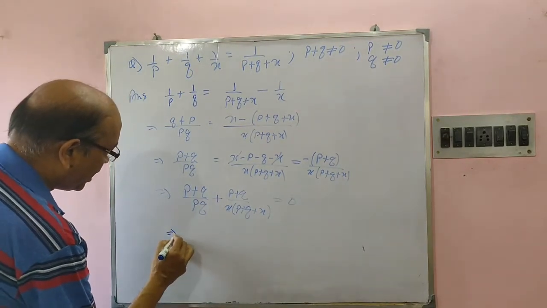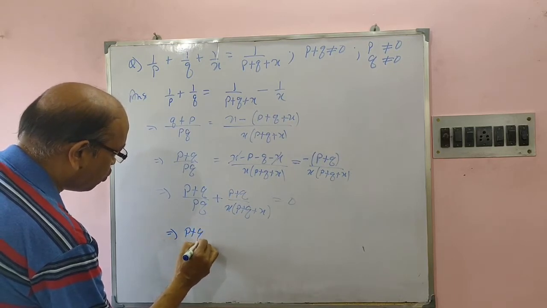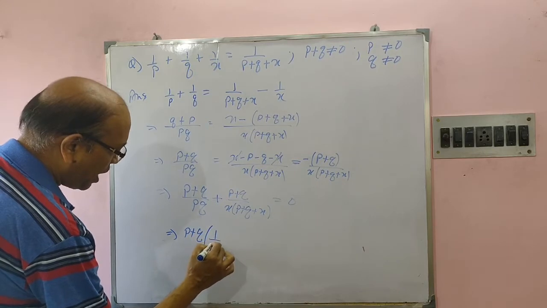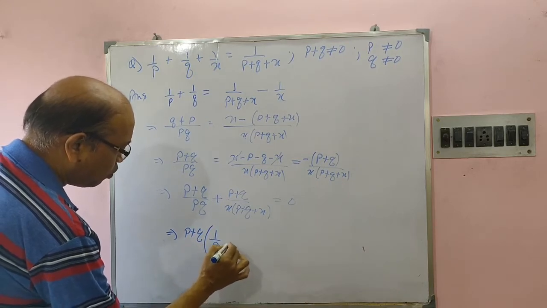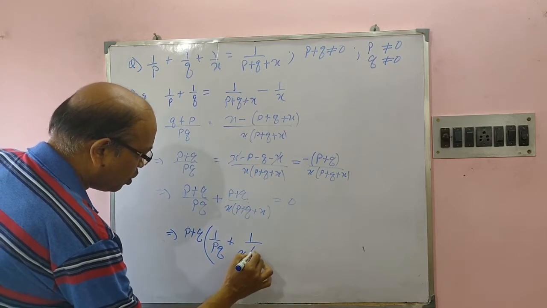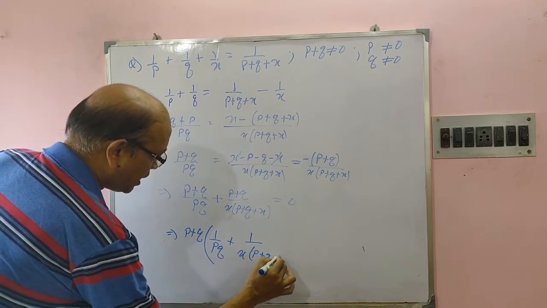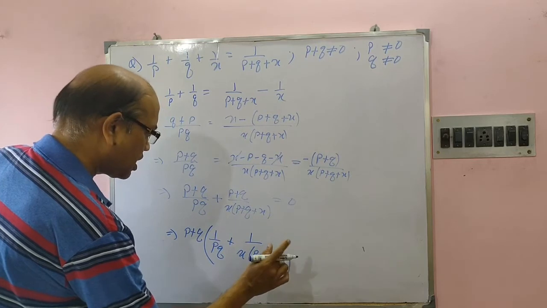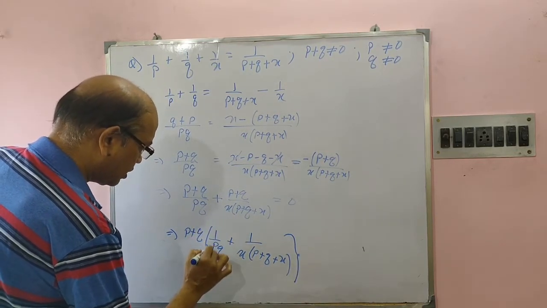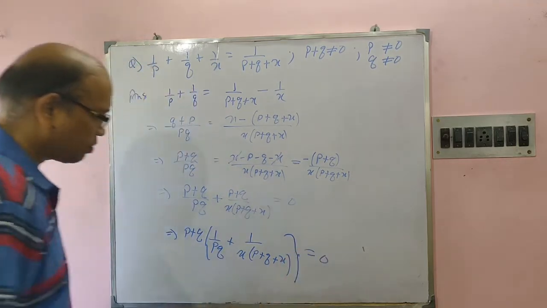Then from here I take p plus q as common, so what is left? 1 by pq plus 1 by x into p plus q plus x is equal to 0. Clear?